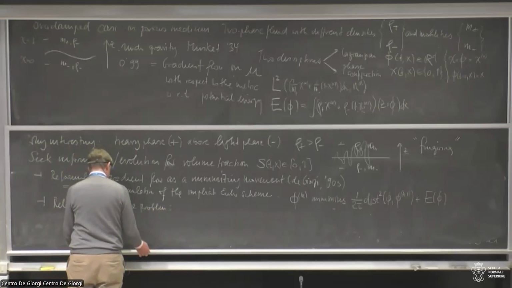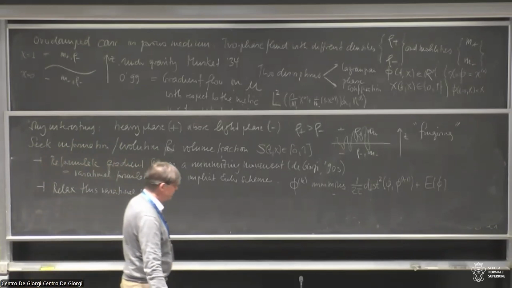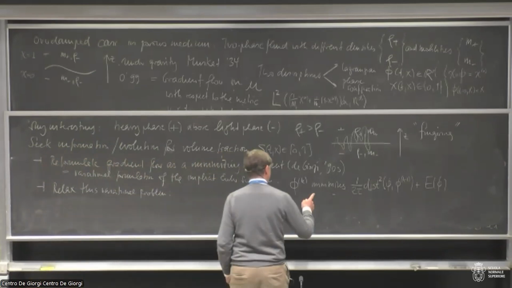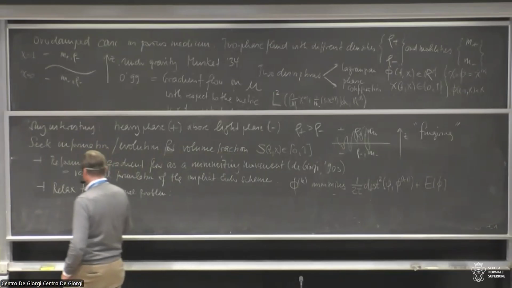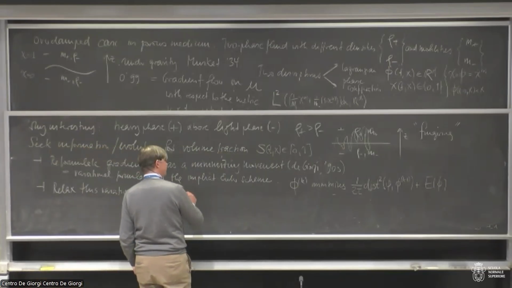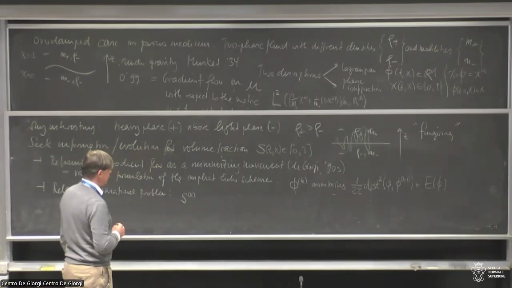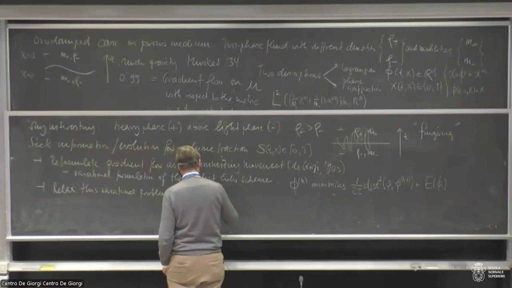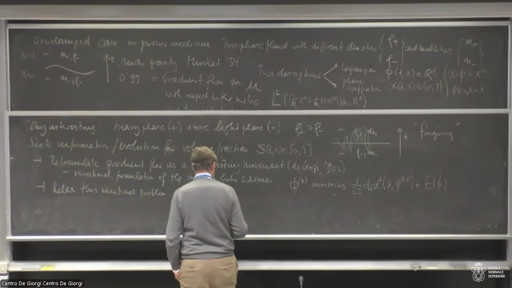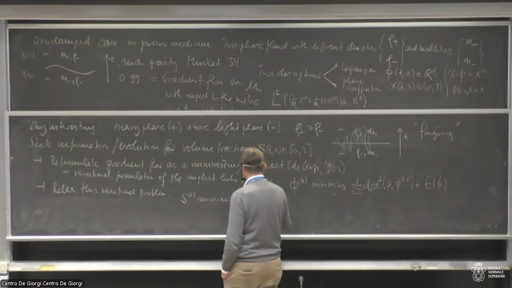And what one gets if one does that is the following, a more tractable algorithm in terms of the volume fraction. You get that S_k, the volume fraction at step k, minimizes a minimizing movement scheme which has the same structure.